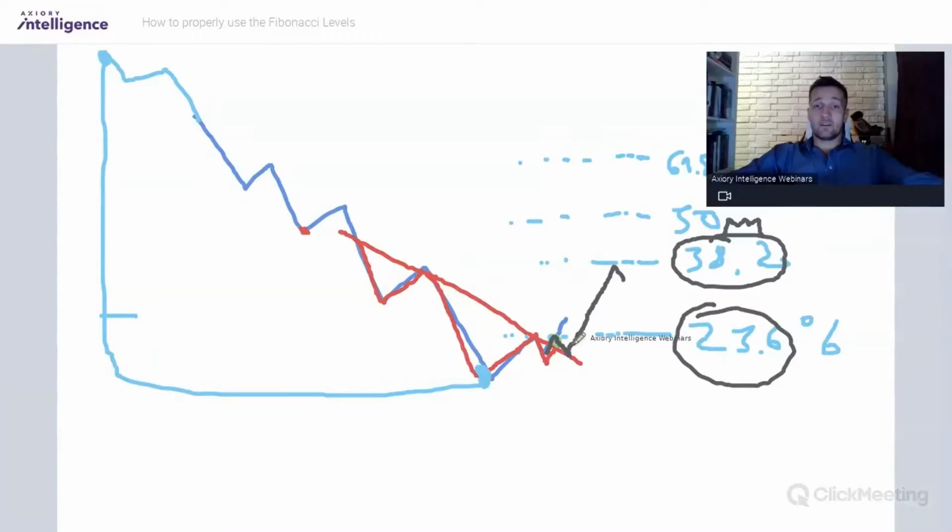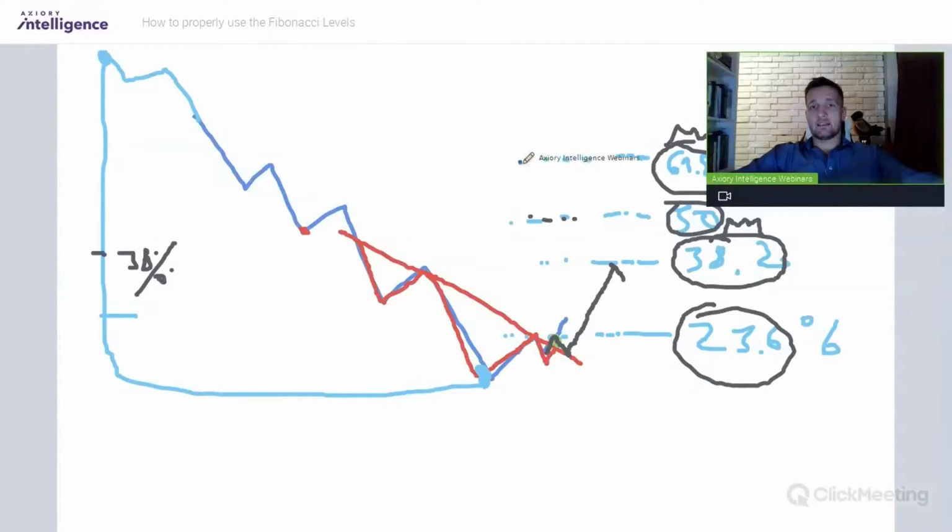Very, very often a correction retraces 38% of the trend. 50, more or less. 61.8 is also the king, as it can be considered the last stronghold for the trend.